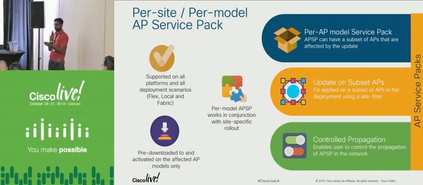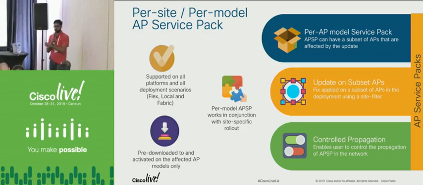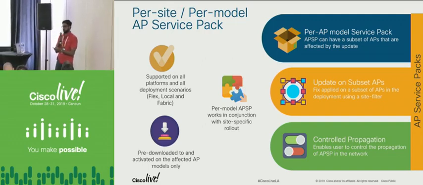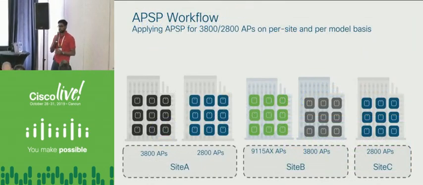For example, if you have a mixed match of 2800s and 3700s, which are based on AP COS and AP iOS respectively, you don't have to upgrade the entire network infrastructure for fixing a bug on a specific AP platform. Now you can target the specific AP platforms involved in the upgrade process without impacting other access points that have nothing to do with that upgrade. How does that work? Let's understand that with an example.